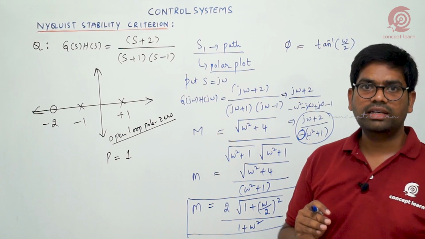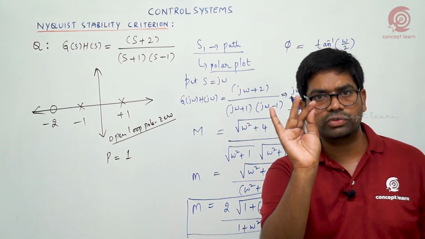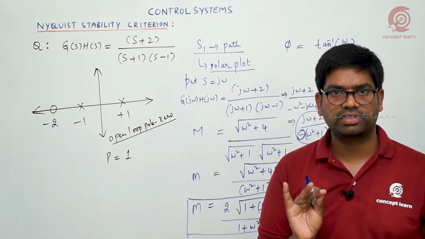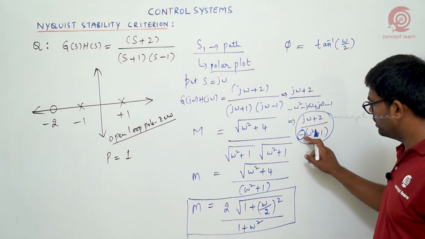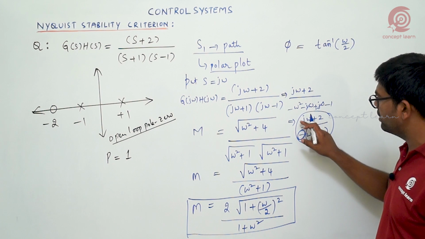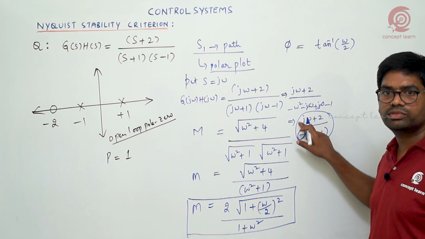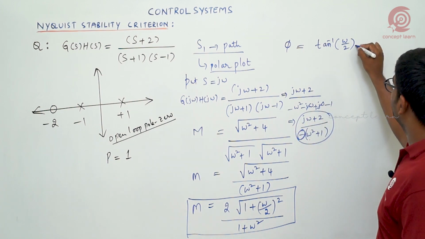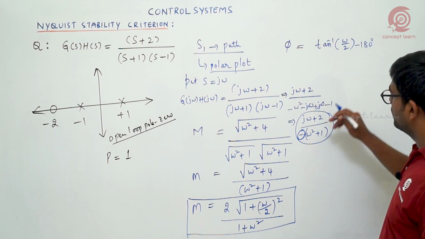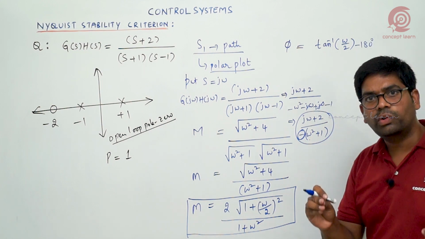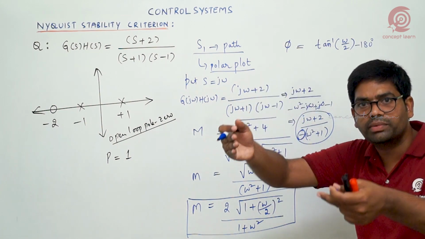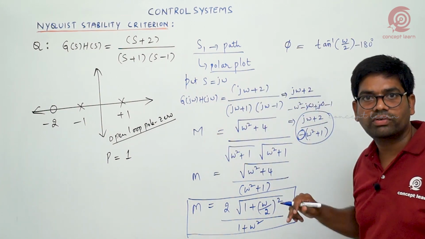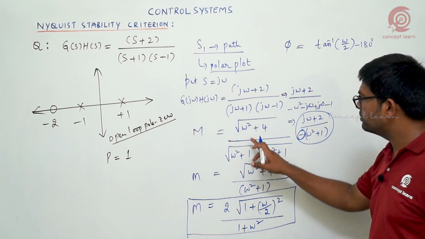Whenever a negative sign is present, that will introduce a 180 degrees shift. Got the point? 180 degrees means it is in the denominator. If I write the 180 degrees into the numerator, it becomes minus 180 degrees. The negative sign introduces 180 degrees, but it is in the denominator. If I take it into the numerator, it becomes minus 180. What about the other terms?